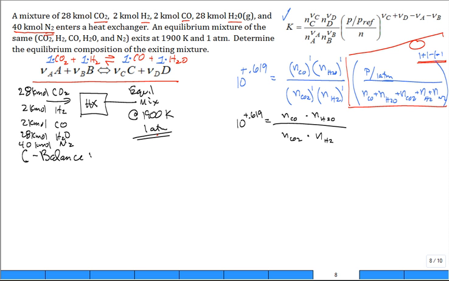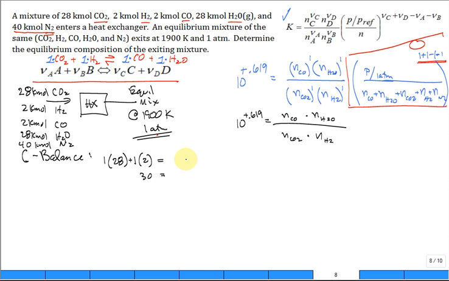But on the carbon balance, for every one of the 28 kilomoles of CO2, that's bringing with it 1 kilomole of carbon. And we're going to have 1 for every kilomole of CO that comes in, and there's 2 that come in of the CO. So in total, what comes in is 28 plus 2, 30. What goes out?